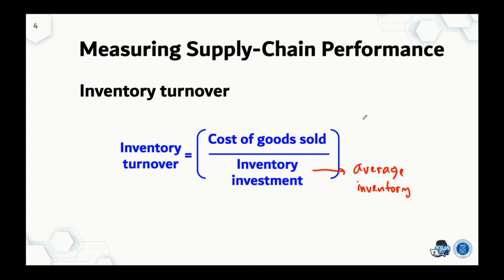Here, the higher the inventory turnover, the better. It means that the company spends a small amount on average inventory, or the inventory turns over quickly, so our inventory is quickly going out to the customer.